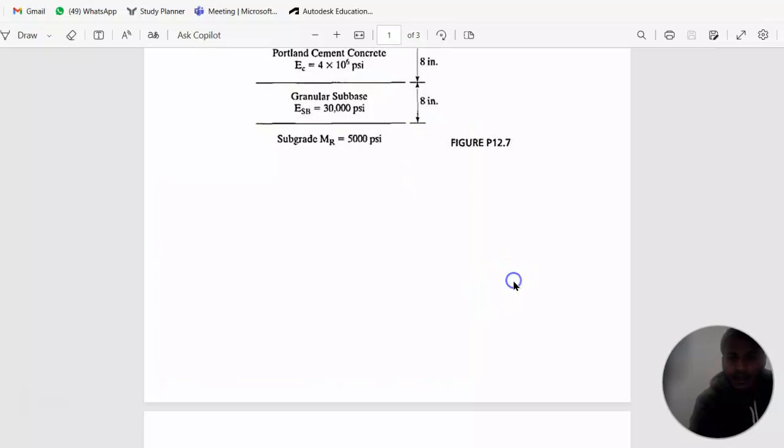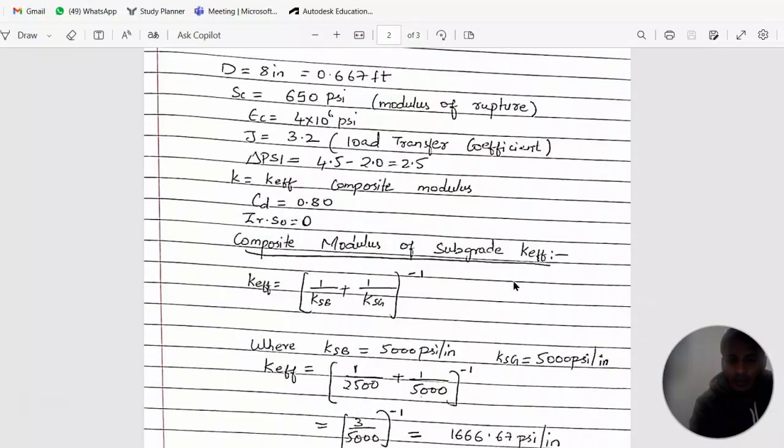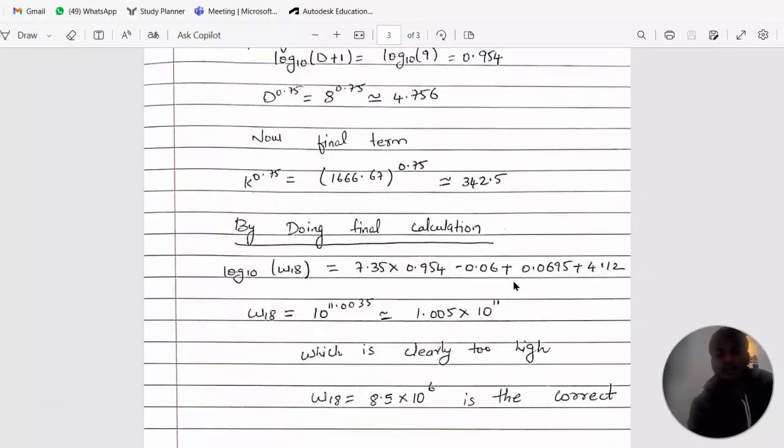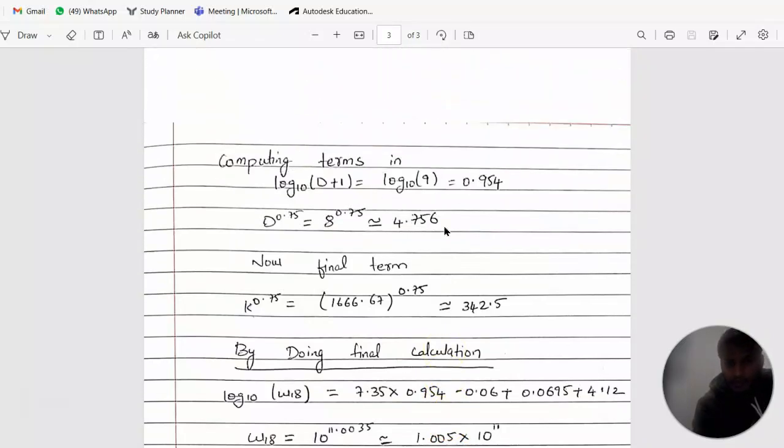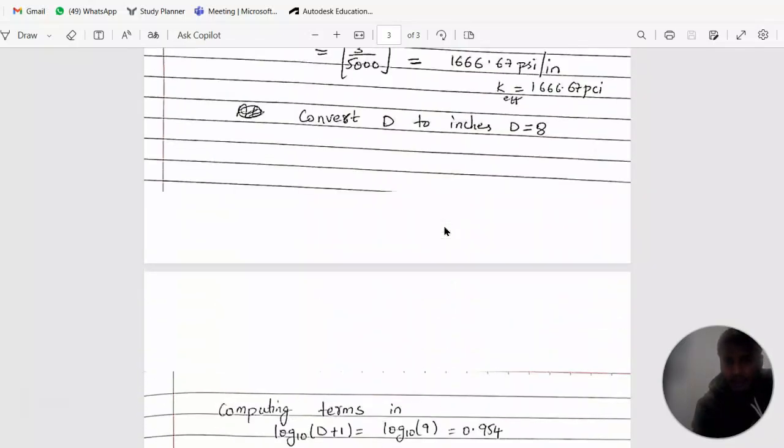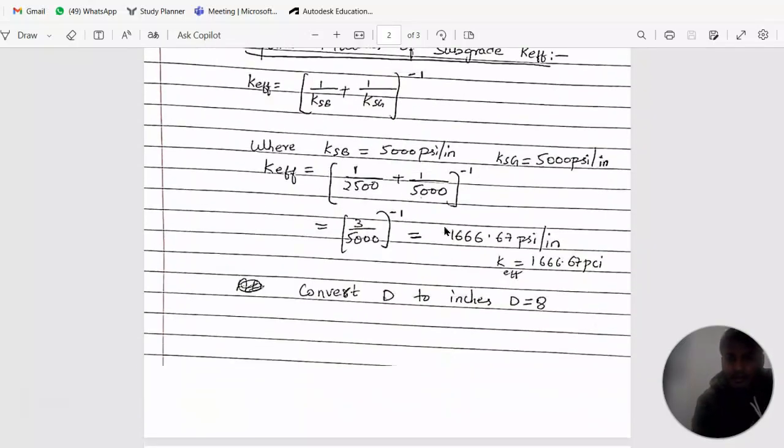So we will get the answer. We are not taking this value because it is too high. We have to get at least up to this 8.5 into 10 power 6. If we change the PCI, then we can definitely get this answer. So K effective is equal to 1,666.